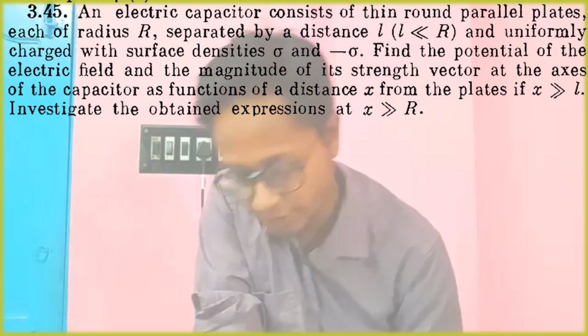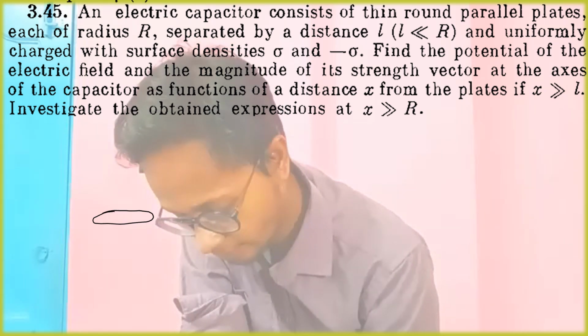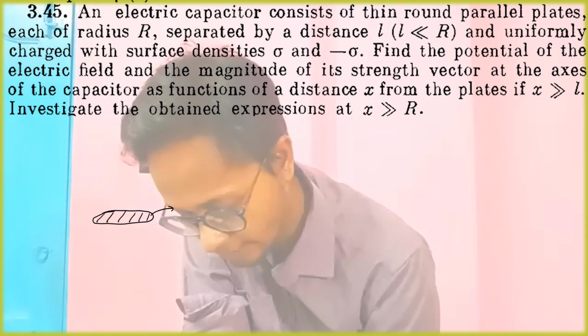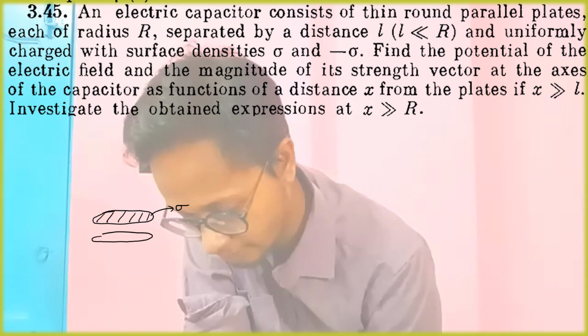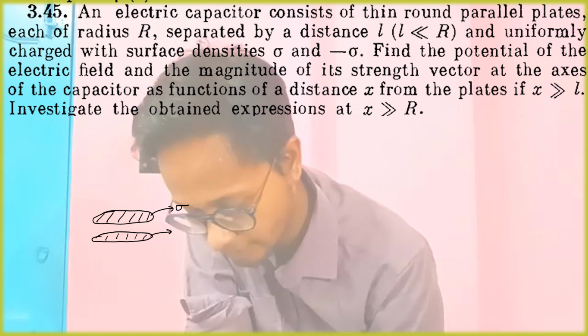The dipole. In this lecture, we discussed the topic of dipoles. In this question, there are two plates: a positively charged plate of radius r and charge density sigma, and a negatively charged plate of radius r and charge density minus sigma.